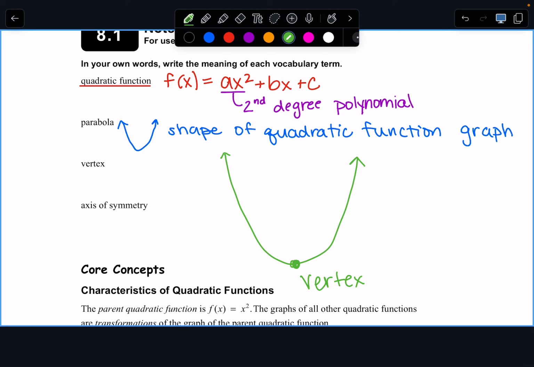Just like an absolute value equation, it is symmetric. We can draw a vertical line through the vertex, and this is called our axis of symmetry.